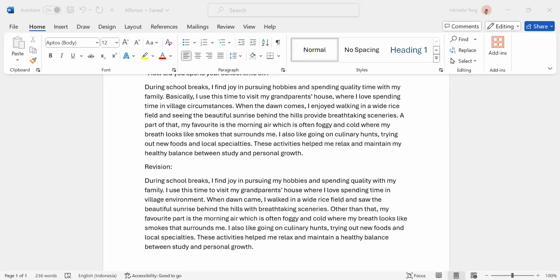Right. Next sentence. During holidays, I don't forget to make time for God, my family and I went to church together. So it's the same right here, during holidays, we have the comma there. Instead of saying I don't, I changed that to past tense, did, because you're talking about during the holidays, meaning that the holidays are over, and you're talking about a past event from the previous sentences.